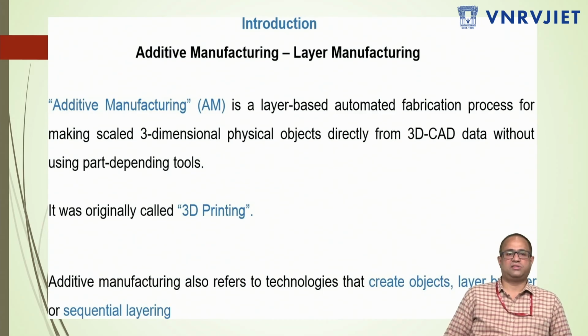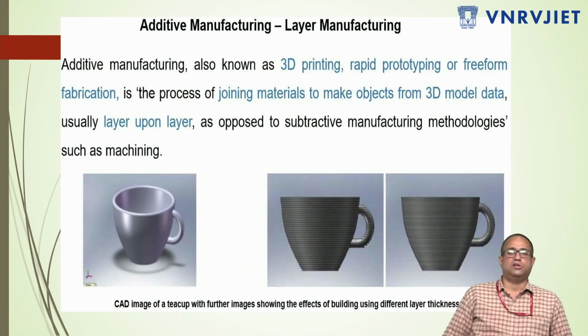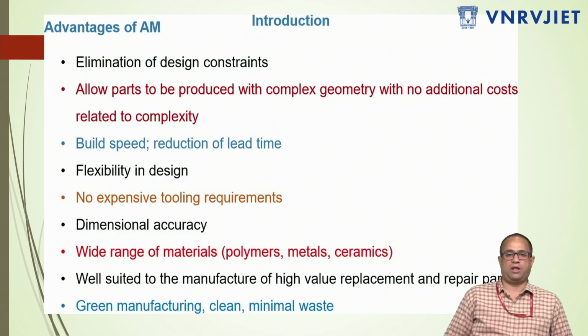Originally called 3D printing, it mostly depends upon the CAD data, where layer by layer objects and parts are created using the CAD models. As you can see in this image, first a CAD model is created, then the layers are sliced using the concerned slicer software, and then the material is deposited layer by layer.